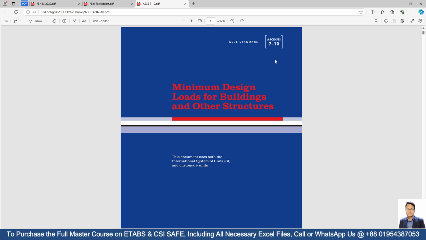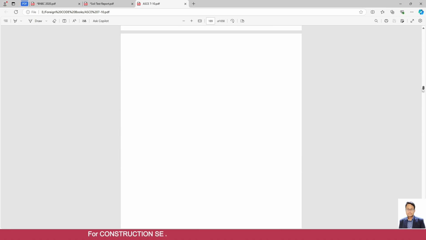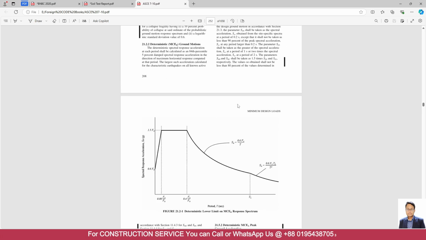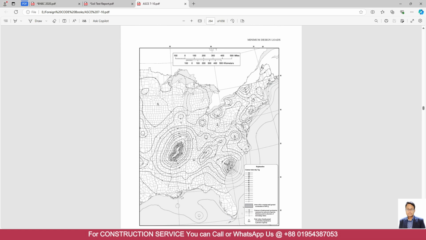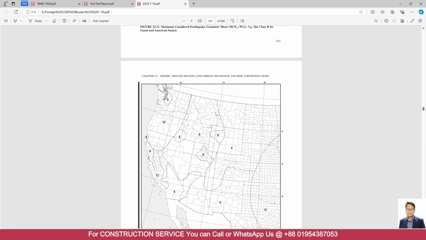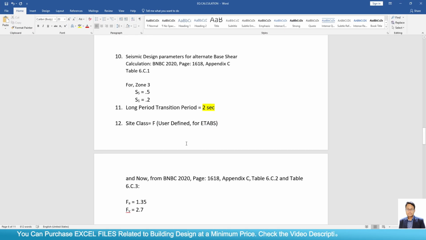You will get the same values in 7-05 also. If you are going to design your structure for USA, in that case you have to consider separate values of long period transition period as per your zone. But for Bangladesh, we have to take long period transition period equals 2 seconds only.